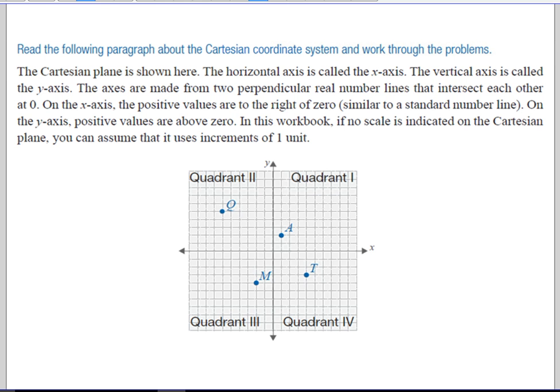The Cartesian plane is made up of a horizontal axis, which is the x-axis, and a vertical axis, which is called the y-axis. These axes are made from number lines, and they intersect each other at 0. If you were looking at the number line for our x, our horizontal, this point here would be 0, and then to the right we would count 1, 2, 3, 4.